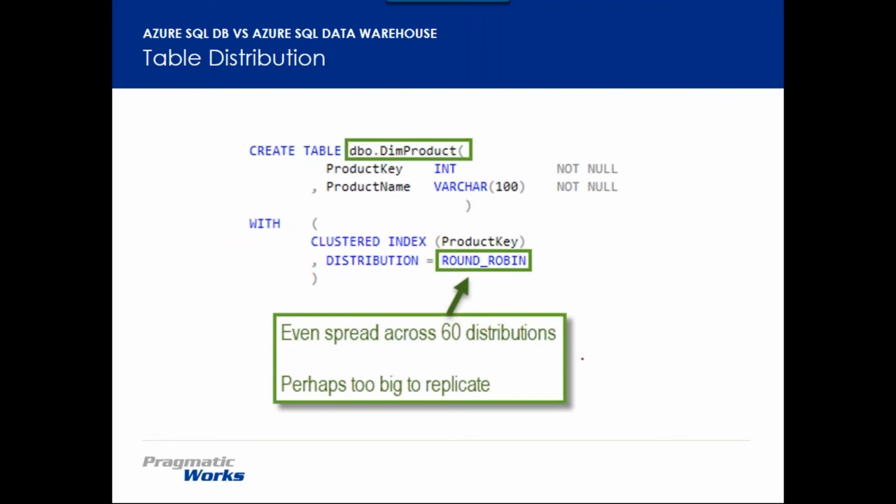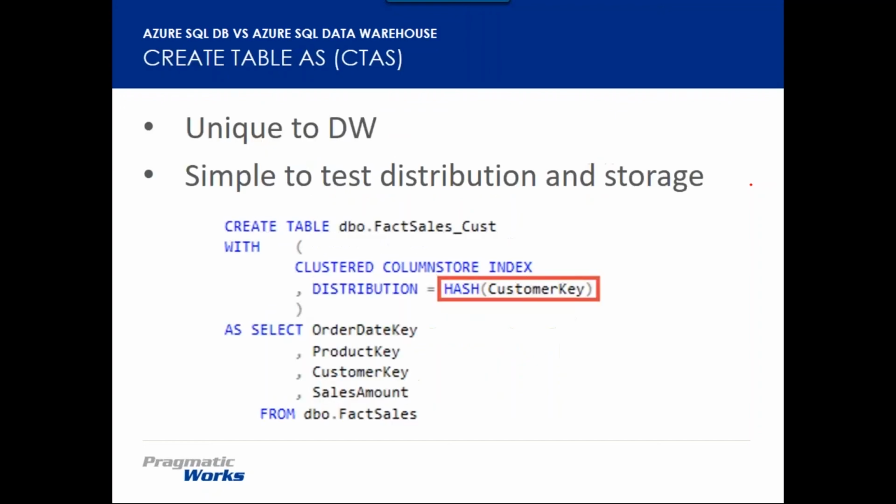This looks similar to the way I defined my fact table, except the distribution is different here. I've selected round robin, and then I'm using a clustered index based on the product key for storage. I don't want to use the clustered columnstore here because I have way fewer than 60 million records, so there's really no gain in using the clustered columnstore index.